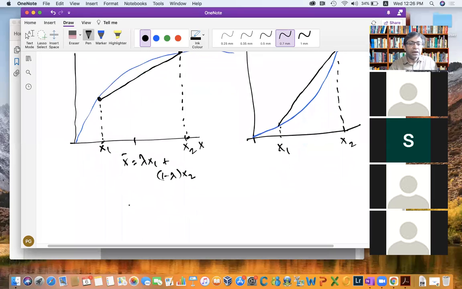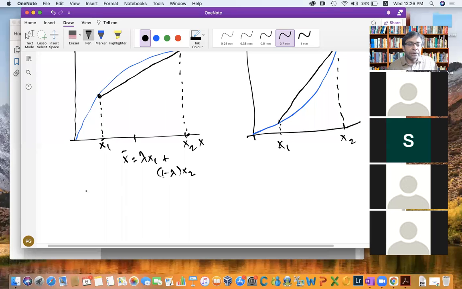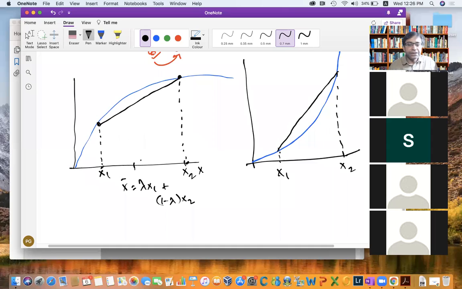Okay, on the vertical axis, this is f of x1, the value of the function at x1, because I'm reading it off the graph, and this is f of x2.